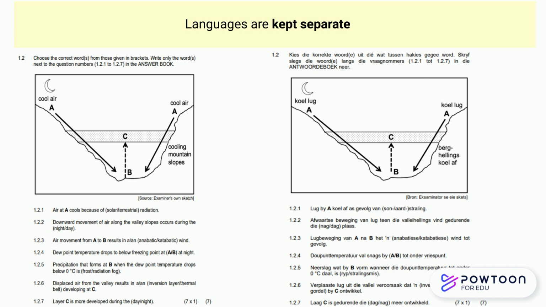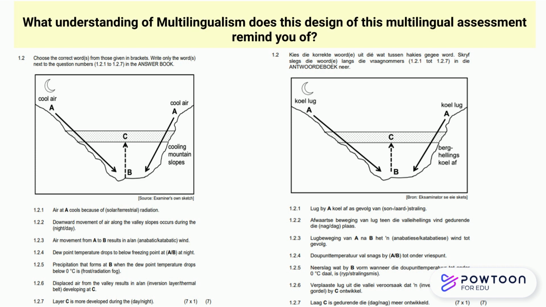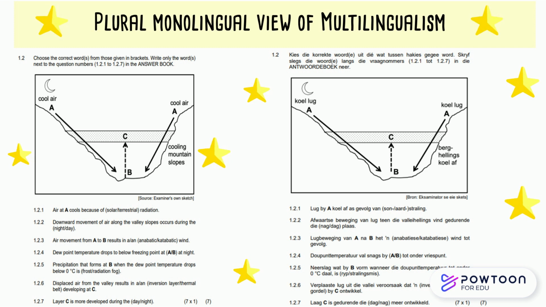The languages are kept separate. What understanding of multilingualism does this design of this multilingual assessment remind you of? Well done! Yes, indeed, this approach to multilingual assessment reflects a plural monolingual view.